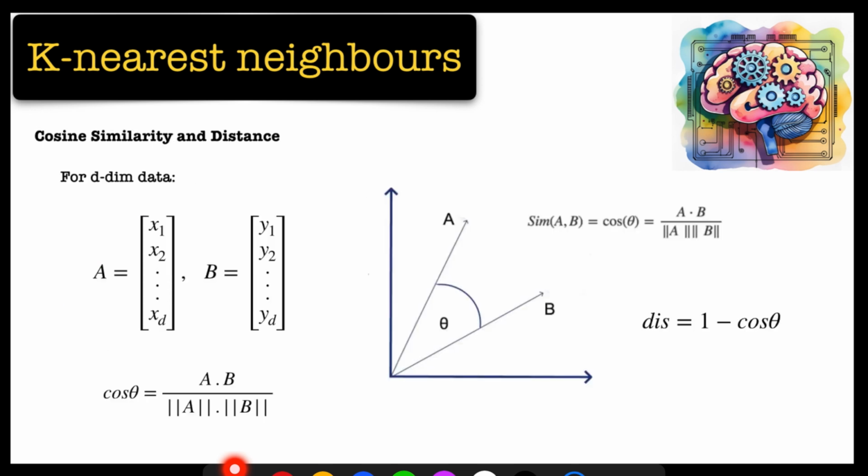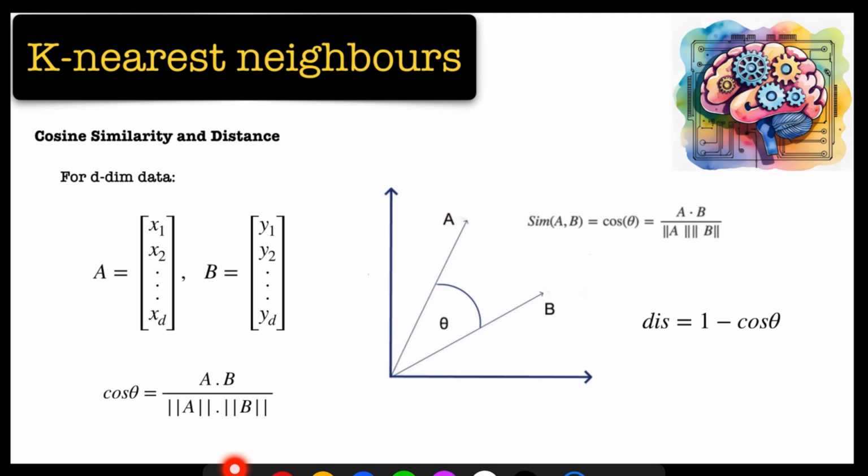Now cosine similarity and distance. This is a different way of calculating distance. For d dimensions, let's say A is represented by a d-dimensional vector and B is represented by the d-dimensional vector y1, y2 till yd.